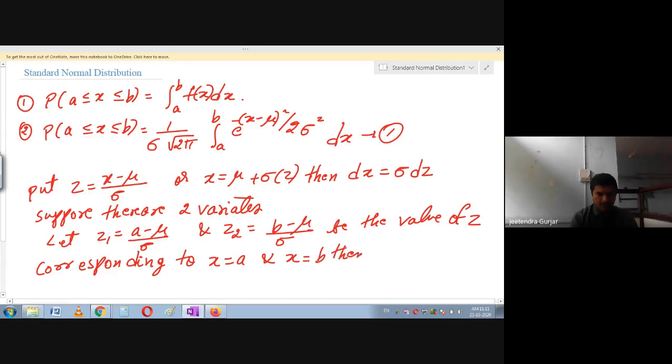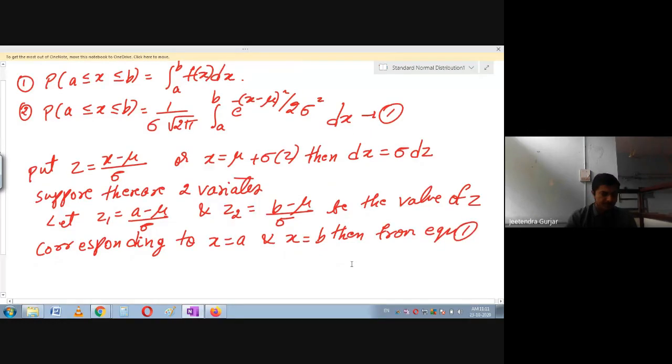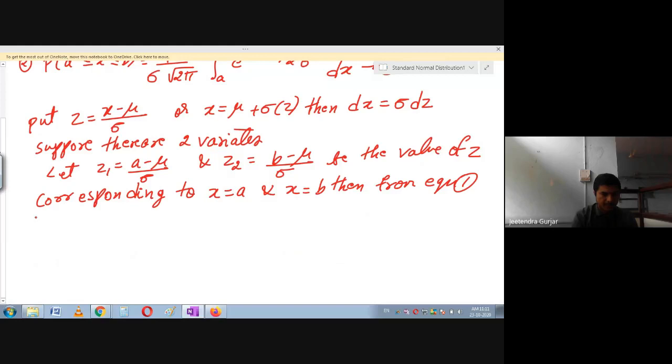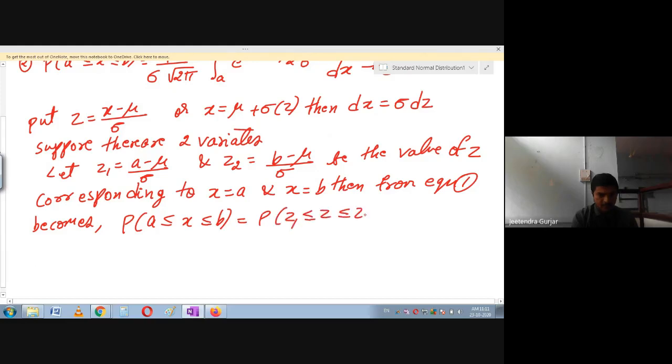Then from equation 1, what do we get, students? Equation 1 becomes p of a less than or equal to x less than or equal to b, converted into p of z1 less than or equal to z less than or equal to z2.